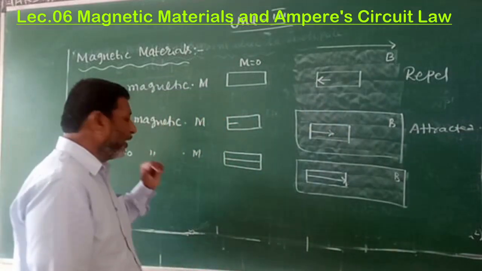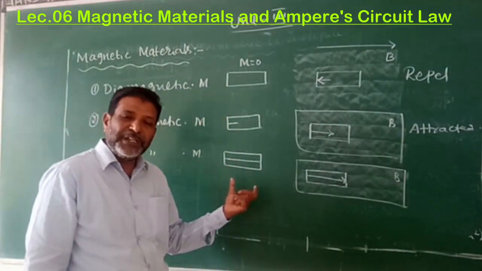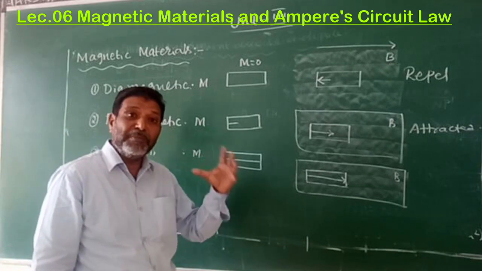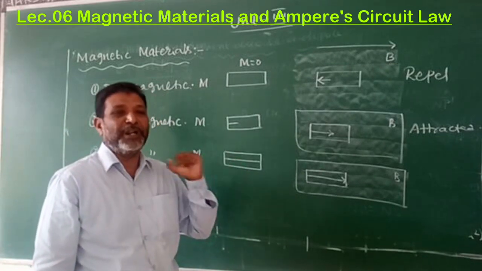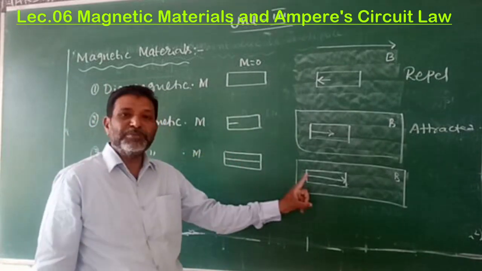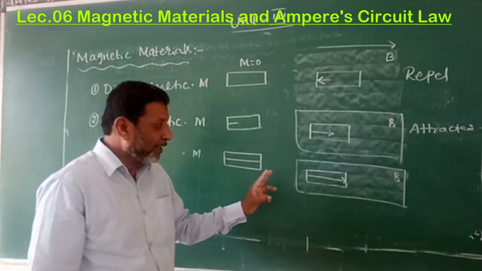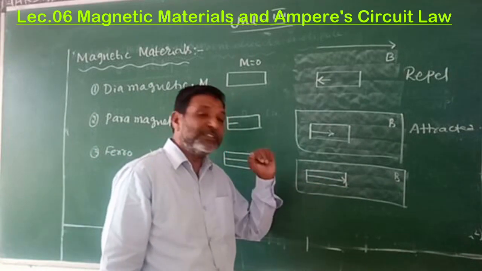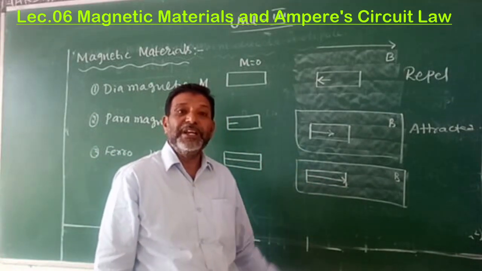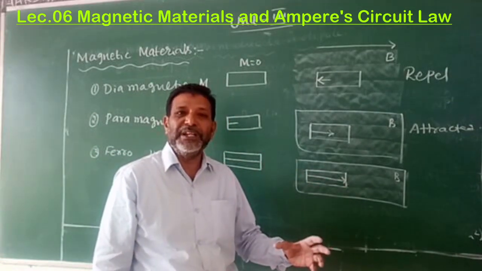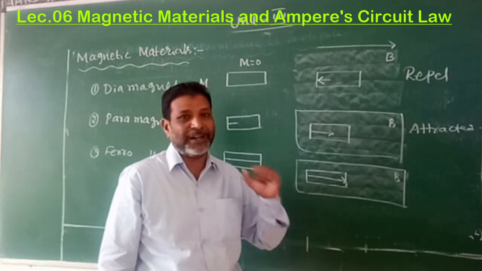Next, ferromagnetic material. This material has maximum initial magnetic moment. When the material is placed in an applied field, that magnetic moment aligns in the direction of the applied field. Hence, the ferromagnetic material is strongly attracted.